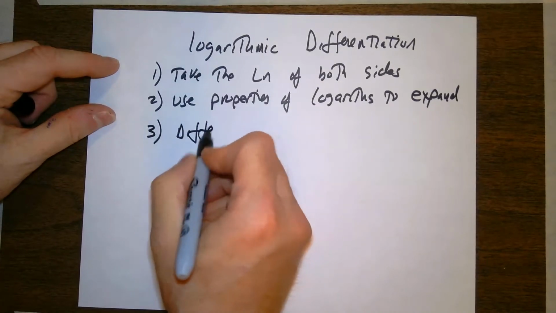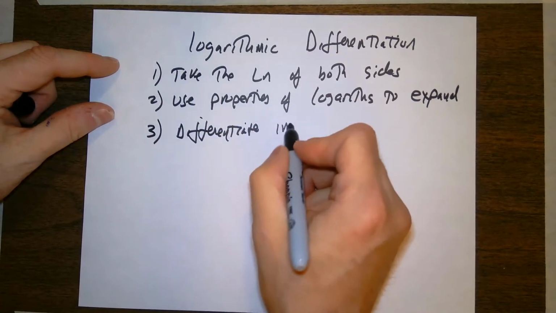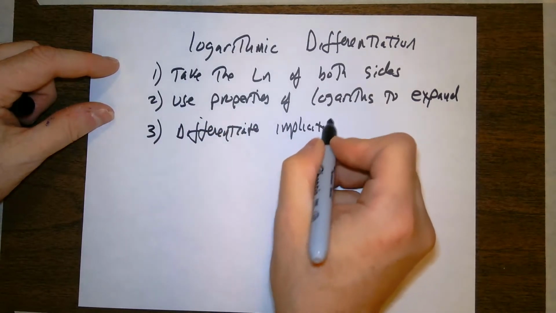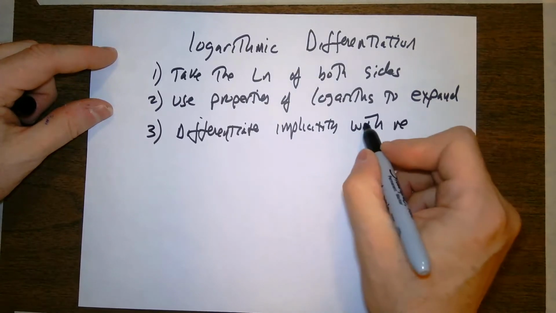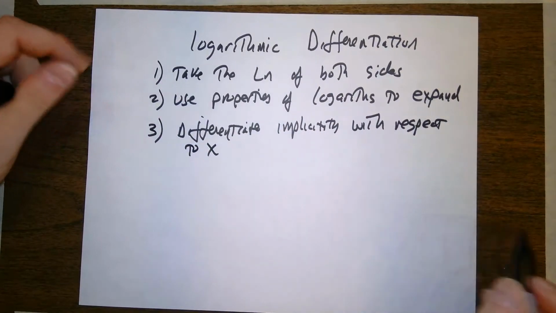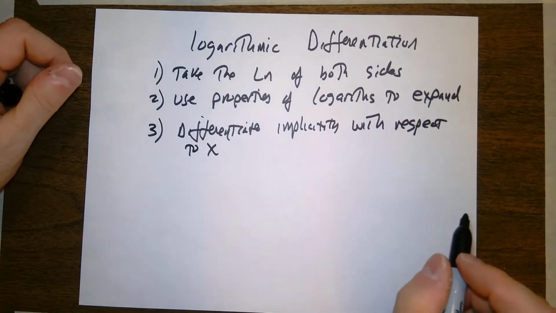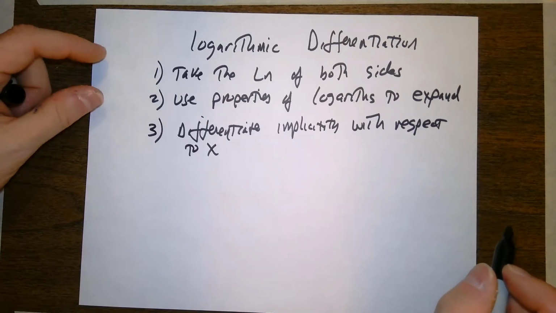So once we've broken it up using the properties of logarithms to expand it, now we want to differentiate implicitly with respect to x. Because we're going to have the natural log of y on one side, we're going to have to deal with that, and we'll have our y primes, or our dy dx's.